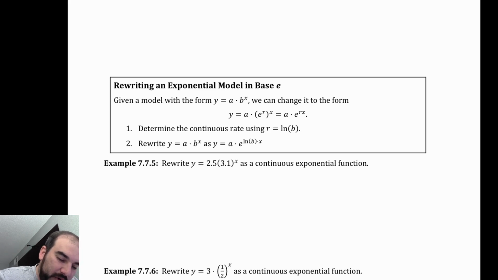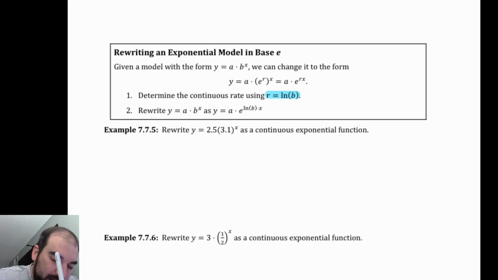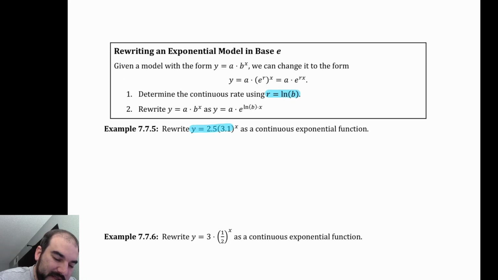This is the formula you use to figure out what r is, because e is already a number, right? There's nothing to figure out with the e. So the only thing you need to figure out is the r, which is just equal to the natural log of b.